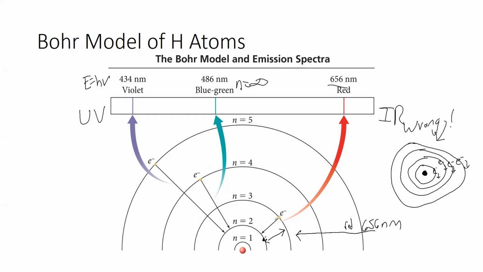So that's something else, right? The bigger the gap you want to jump, the more energy you need, the higher energy of light you need to make that happen. So that's what the Bohr model is, and that's how we can start to understand these emissions and absorptions of light. It has to do with electrons moving to different energy levels.